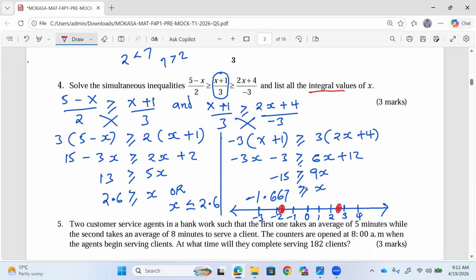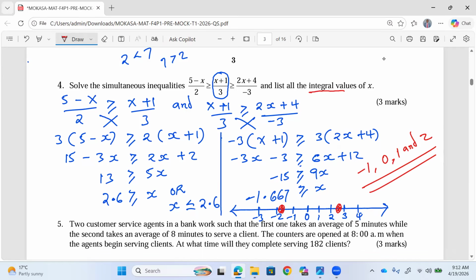Therefore, even though the limits are inclusive, they shall not be stated. In between there is negative 1, there is 0, there is 1, and there is 2. These are the only integral values which satisfy the inequality that we have.